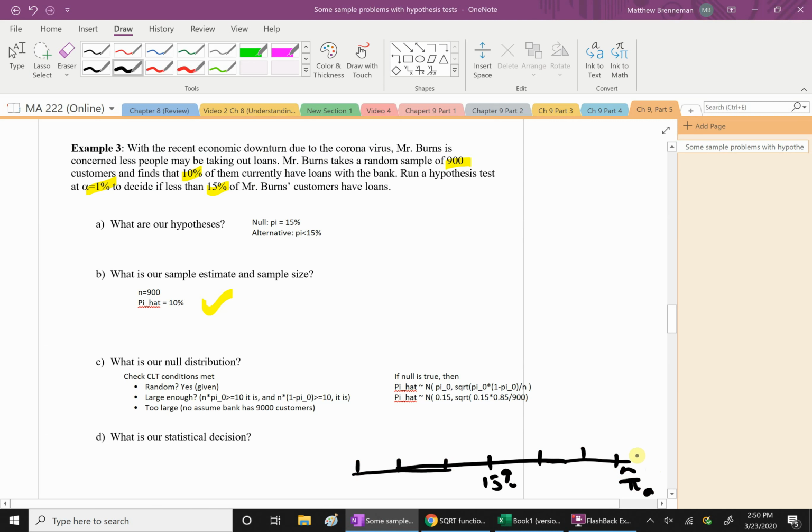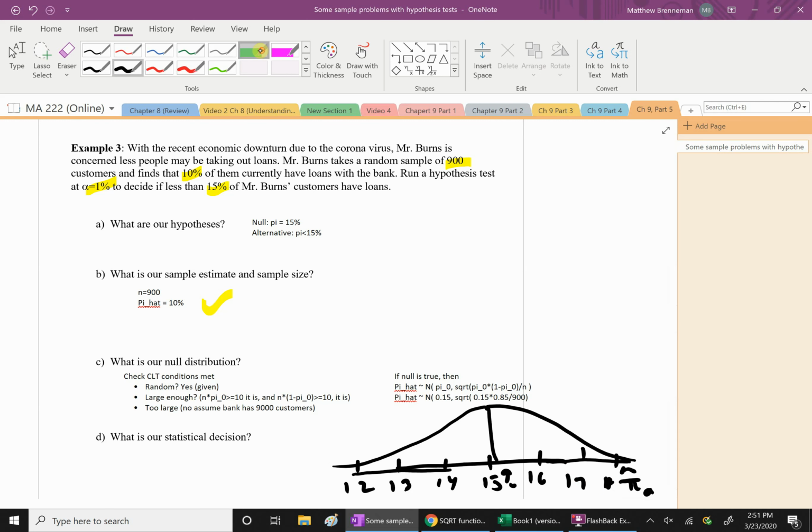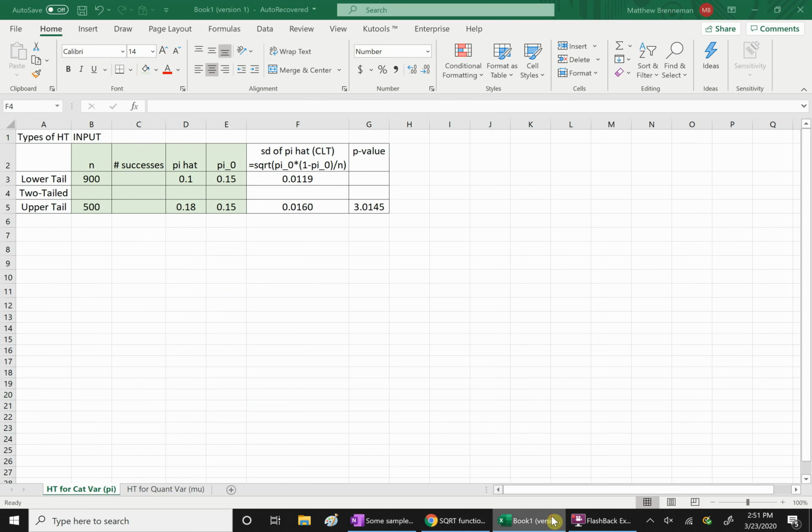This is what pi hats look like if the null hypothesis is true. And our value is way down here at 10. So we already know, without even running a hypothesis test, that the p-value, the area in this tail, is going to be very, very low. Let's go ahead and compute it though.